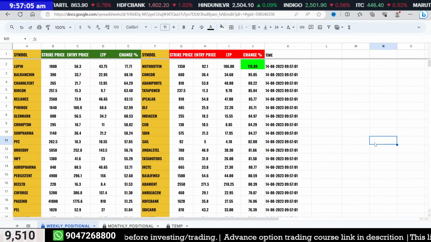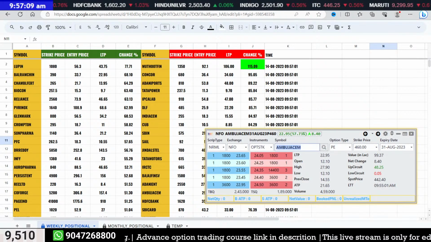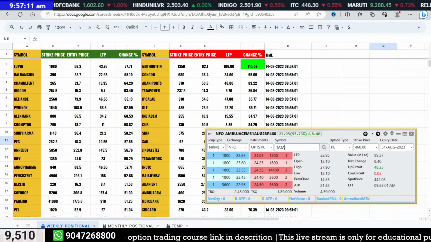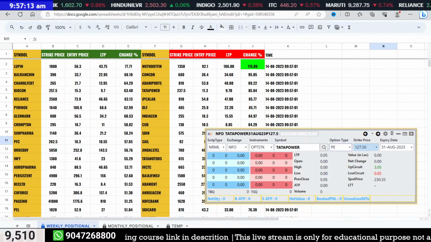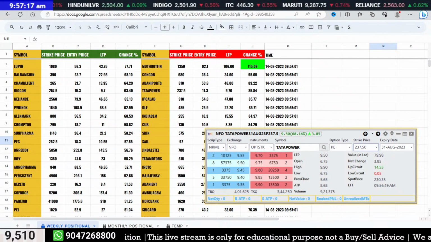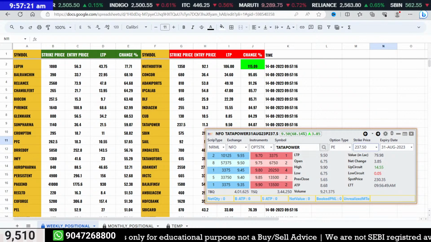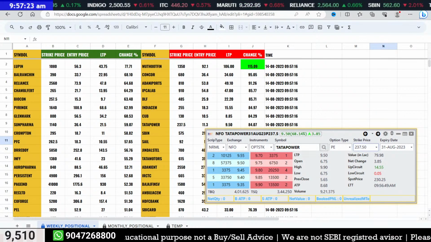Tata Power right now is 9.7 on the 37.5 put option. Okay, 9.5, 9.7, 9.9, 11.3 is our breakout, and 3375 is the lot size.